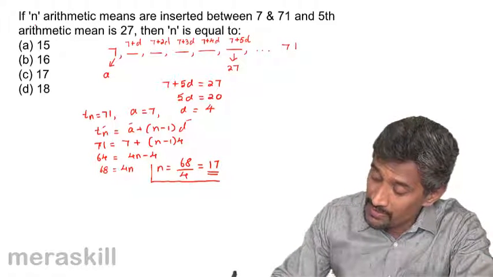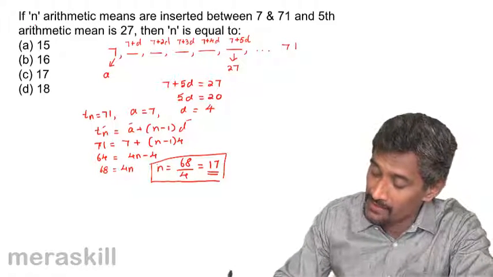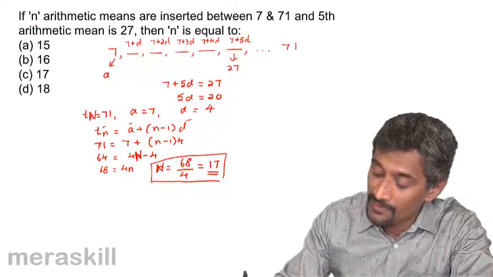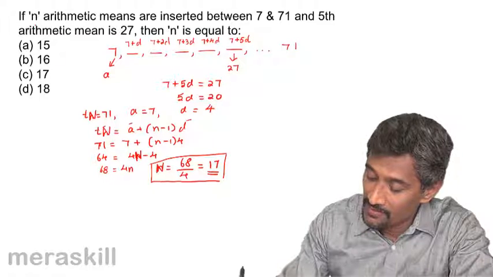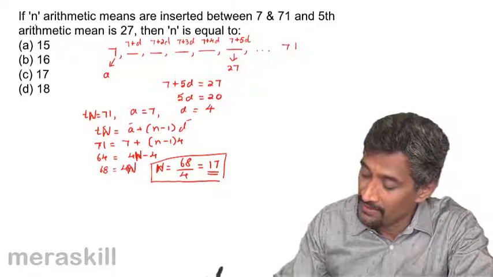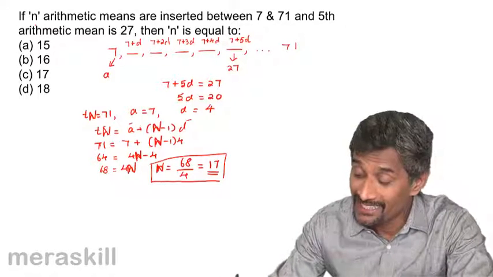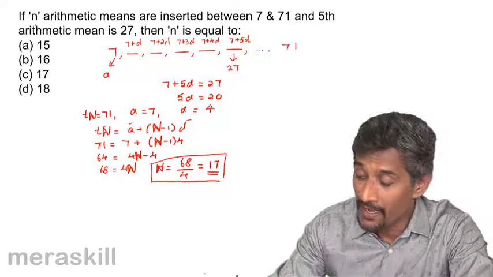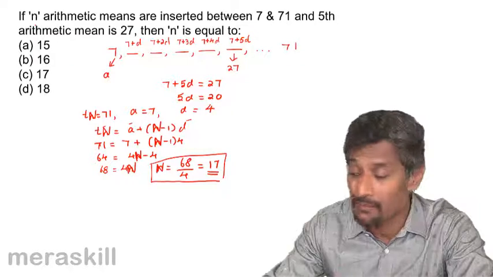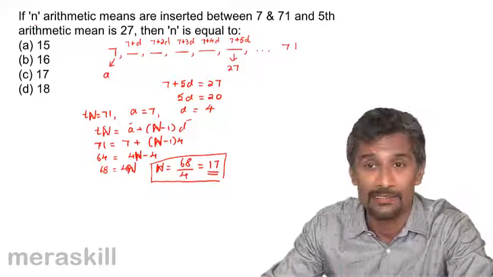But remember, this n, we could possibly take it as capital N so that we don't mix it up with that n. Now this capital N is the total number of terms including the n number of arithmetic means plus the first and last.